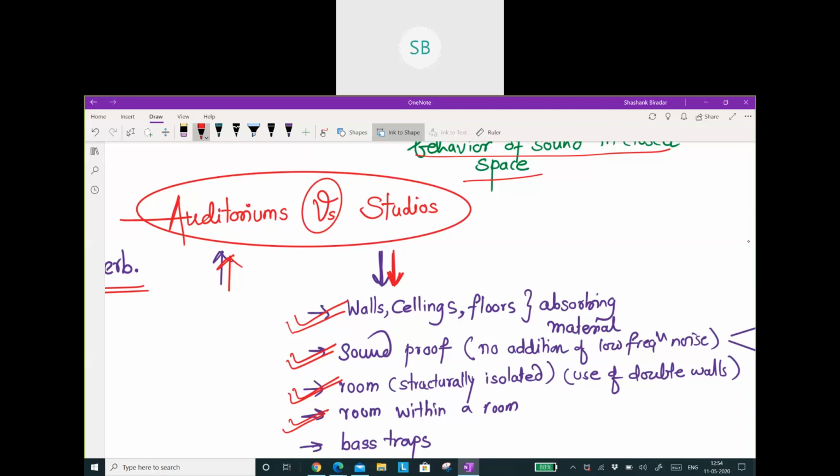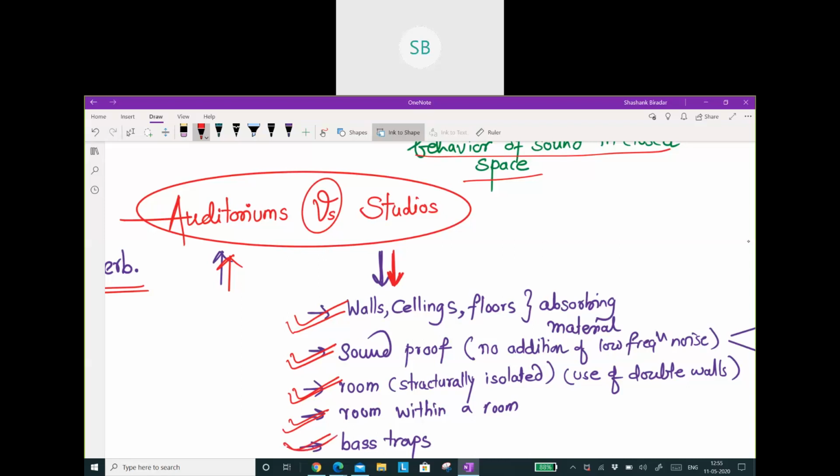That will minimize the structural linking of the studio recording room to the foundation of the building, so that it mainly isolates the disturbance. Am I right? And finally we need some bass traps. Bass traps are used to reduce the low frequency interference further.